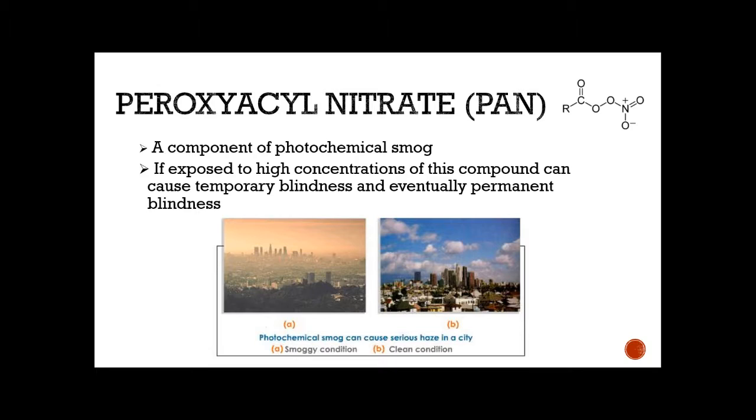This is the compound which gives irritation to the eye. So higher concentration of this would lead to temporary and eventually permanent blindness.